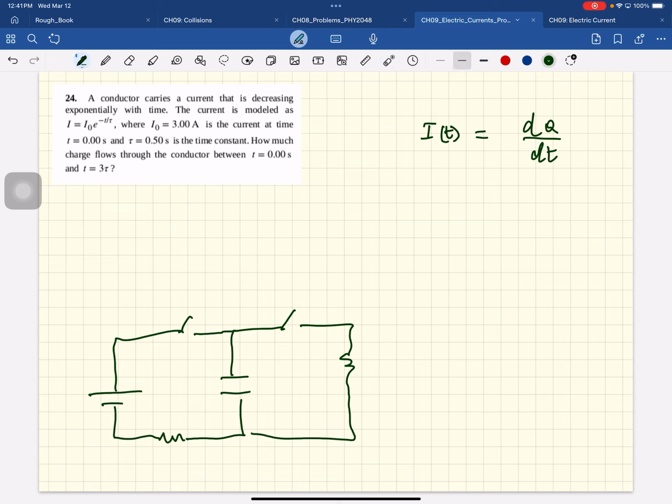Okay. And so you have an equation, and you have to hit this with a hammer. Okay, so what we'll do is we'll integrate both sides, and the limits of integration will be 0 to 3 tau.